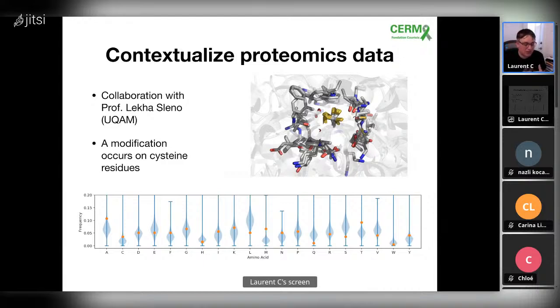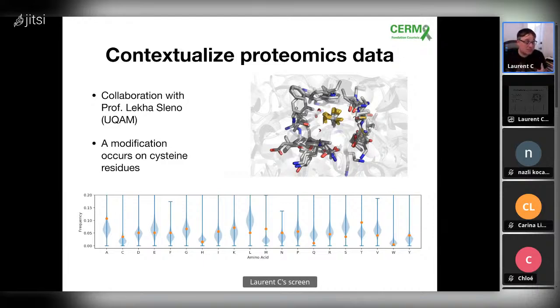They know that this particular compound can react with cysteine residues. And here, the interest of using protein structures is that we're able to capture the three-dimensional environment in the proximity of those residues that are modified by this compound.